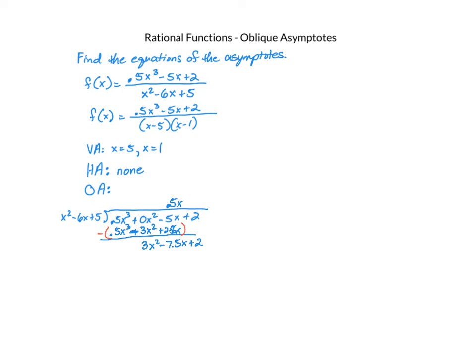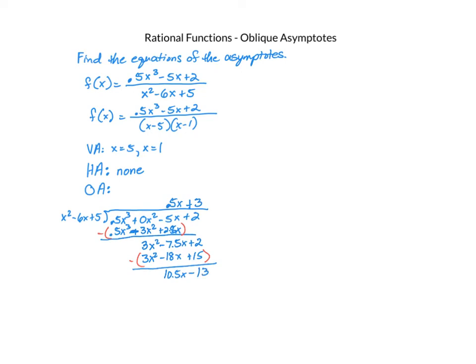What do we multiply by x squared to get a 3x squared? That's a 3. We multiply 3x squared minus 18x plus 15. And then we subtract. So we have, let's see, negative 7.5x plus 18x, that is 10.5x. We have 2 minus 15, that's negative 13.